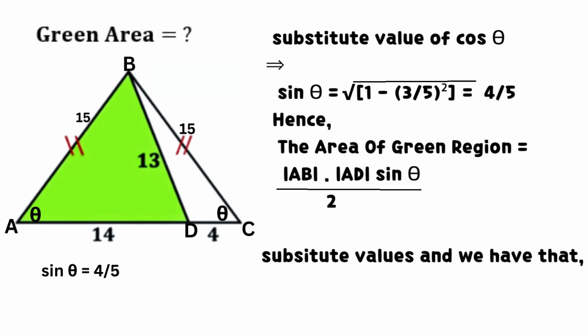Hence, the area of the green region equals half the product of line AB, line AD, and sine theta. Substitute the results obtained into the area equation above.